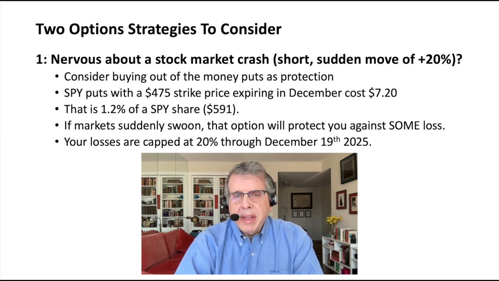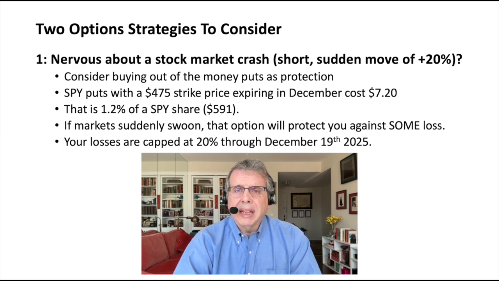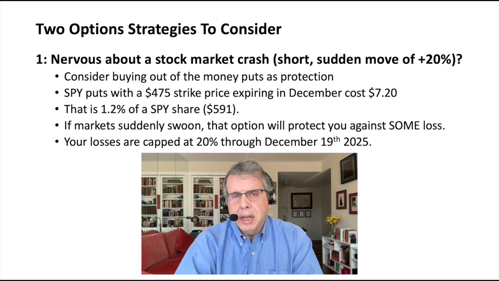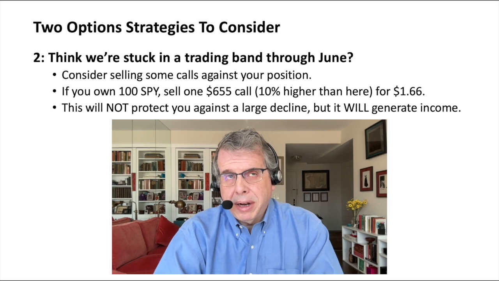The cost of that is, if these options never come into the money and they expire worthless, it'll cost you about 1.2% of portfolio performance, which is why not a lot of professional money managers use these products to protect against big downside moves. But as an individual investor or as a registered investment advisor looking to make sure that you got your client's best interest covered, a put option might make sense for clients that are really worried about the current market conditions. So that's one option, no pun intended.